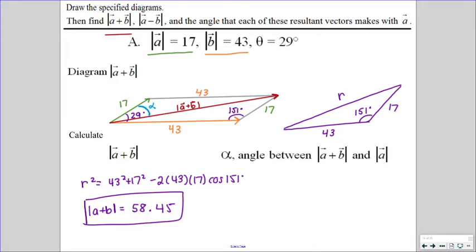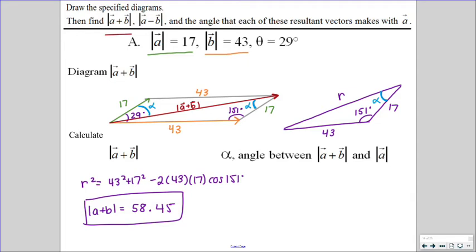That is not 29 degrees because this entire angle is 29 degrees. So we are trying to calculate alpha. If I were to go back to the diagram that I have up here in purple, in that triangle, alpha is actually this angle up here. These two things are alternate interior angles. So that's actually what we're trying to find.